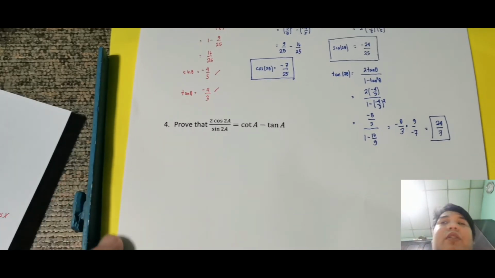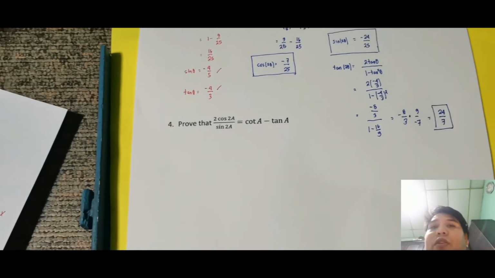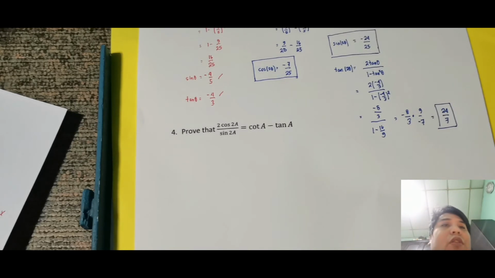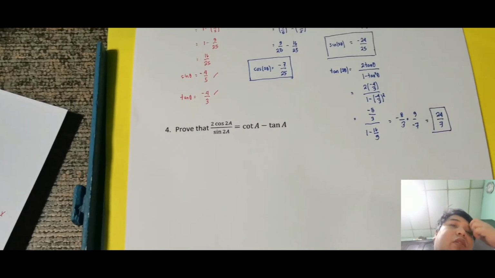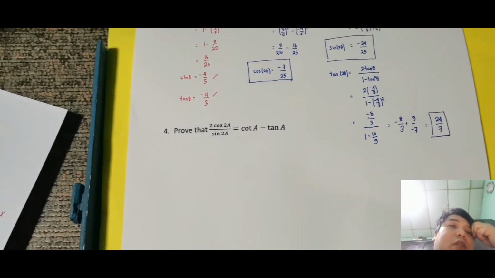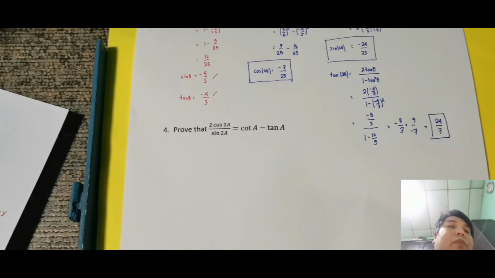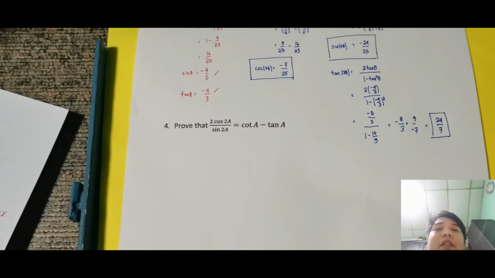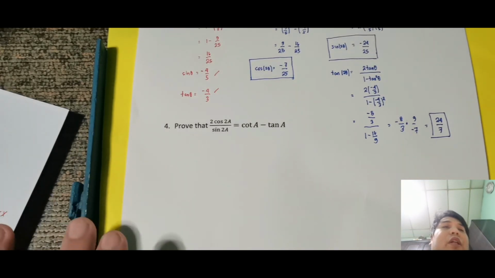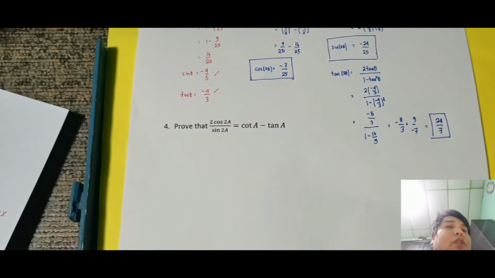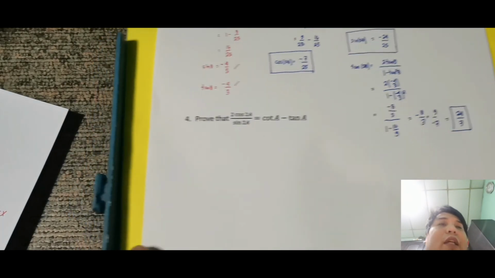Okay, so, next application is, we need to prove or show that 2 cosine 2 theta over sine 2 theta is equal to cotangent A minus tangent A. So, obviously, since proving tayo, lalagay natin word na proof, tapos apply natin yung double angle identities. So, I think, mag-work tayo dun sa left side, kasi dun yung double angle identities para mas mapadali tayo.